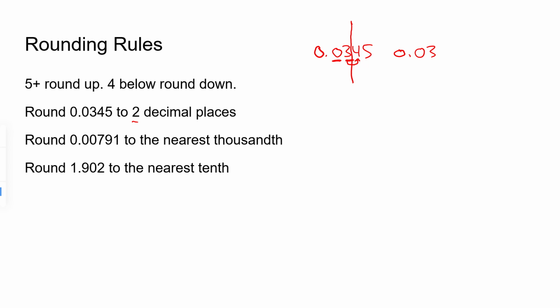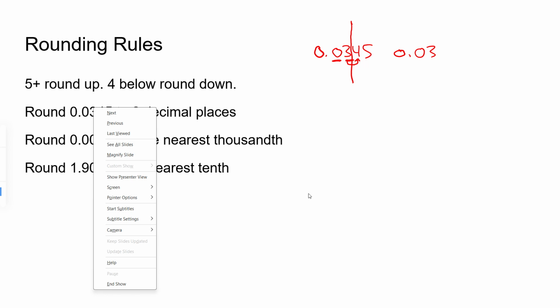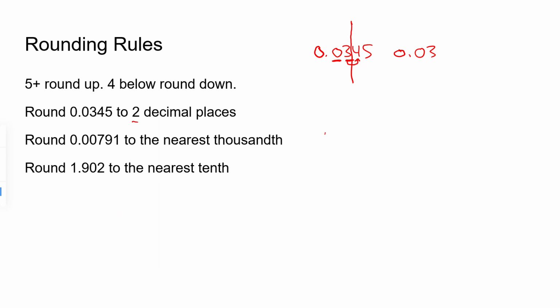Okay, so with the next one, we have 0.00791. Now we want to round to the nearest thousandth. A thousandth is referring to the decimal place. So we have the tenths, hundredths, and thousandths.